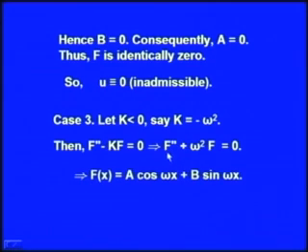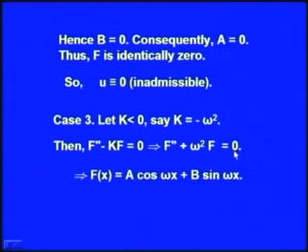And we know that this differential equation will give us the auxiliary equation as m square plus omega square equal to 0, and the roots of the auxiliary equation will then be plus minus i omega.